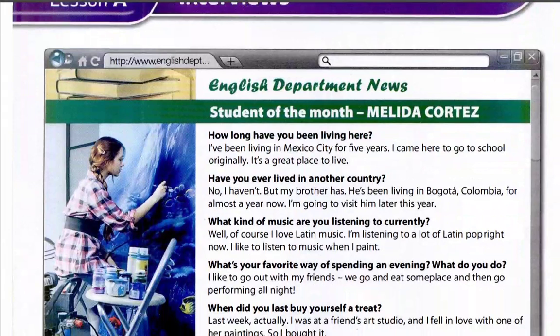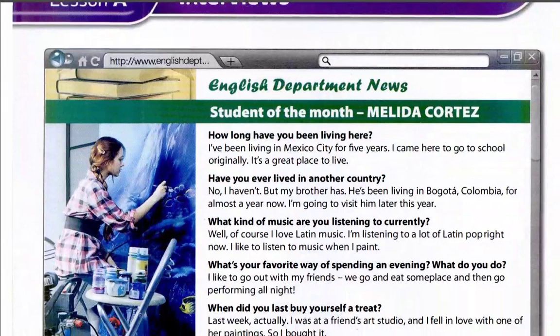Whenever your boyfriend or girlfriend asks you, do you love me? They want to know if you love them now. They're asking about your emotional feeling about me at this moment. But we don't say, I am loving you. No, you never hear anybody say, I am loving you. I can imagine no circumstance where we would use that. We always use the simple present with that verb.